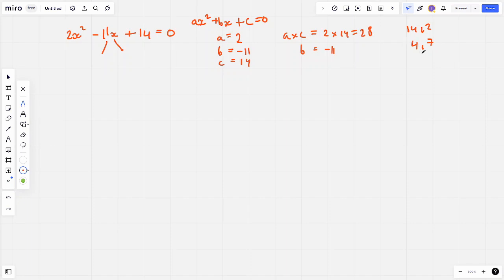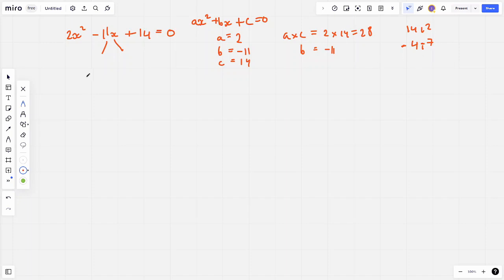When we add them, that equals positive 11. So as it equals positive 11, we know that if we do minus 4 times minus 7, that equals positive 28 as the signs cancel through. And when you add minus 4 plus minus 7, that equals minus 11.